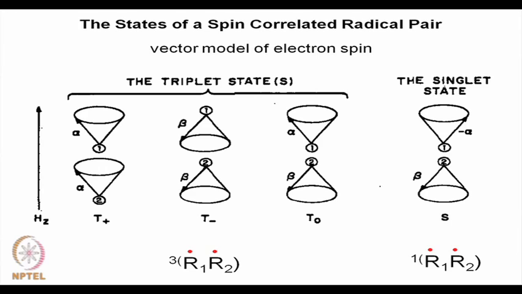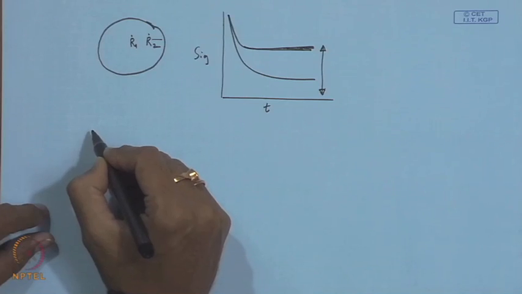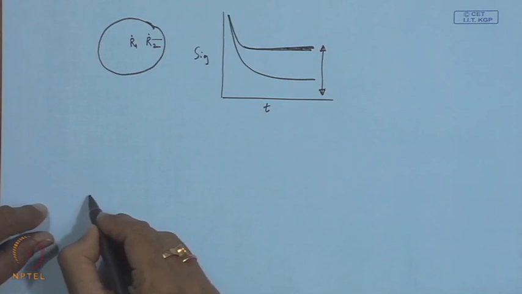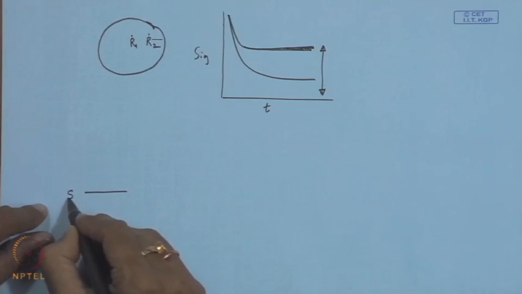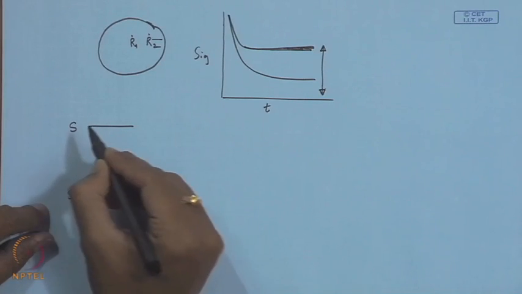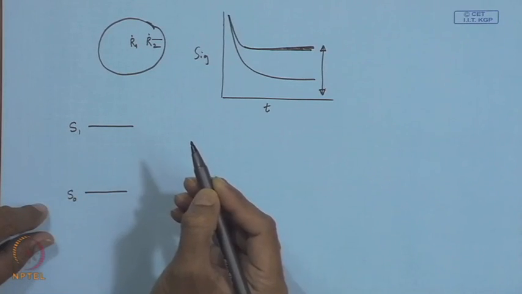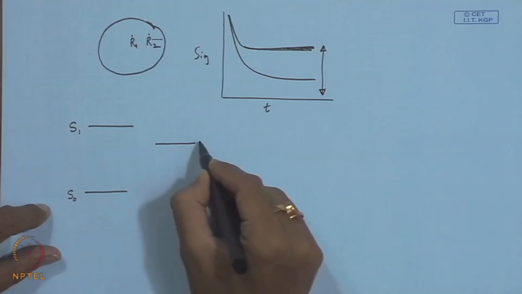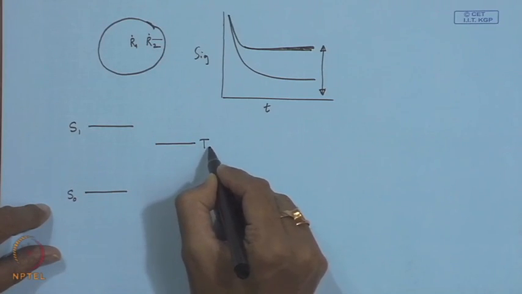It is a very interesting thing that this singlet to triplet intersystem crossing, in the case of a molecular system, is not the radical pair triplet, you must remember that. Suppose we have a molecule with a fluorophore: the ground state is singlet, the first excited state is also singlet, and there is a triplet state T1.